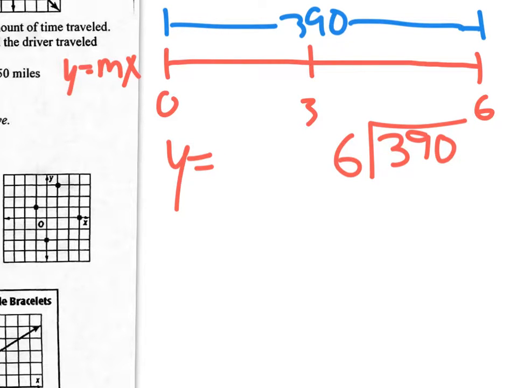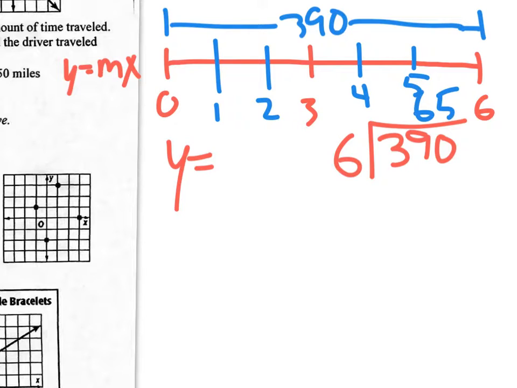And with the calculator, 390 divided by 6 is 65. So what does this really mean? If you were to divide this into 6 pieces, 1, 2, 3, 4, 5, 6, each hour you're going to travel 65 miles, because it's 65 miles per hour.